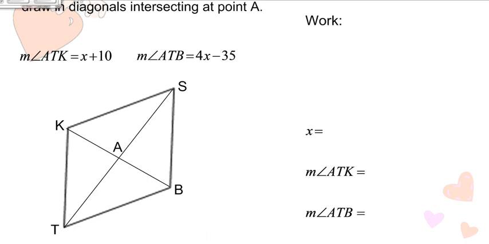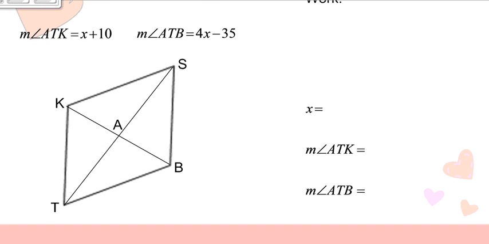And we know that the measure of ATK is x plus 10, and we know that ATB is 4x minus 35. So if you could pause the video here or maybe take some time and see if you can figure this out. And again, I will show all the work in just a few seconds.